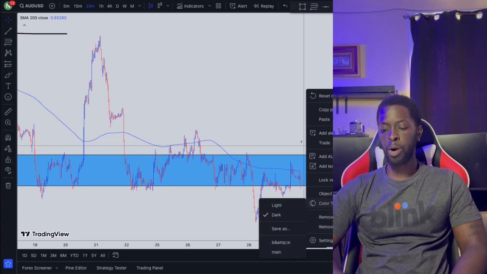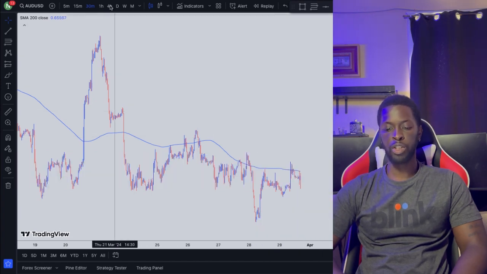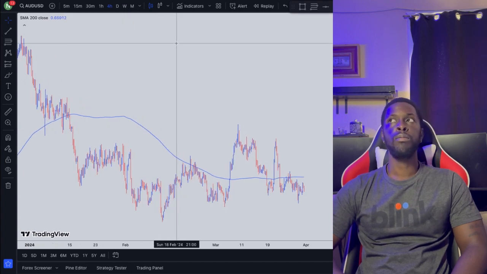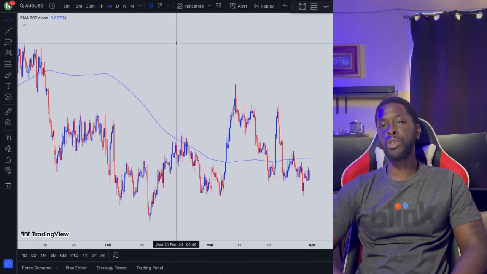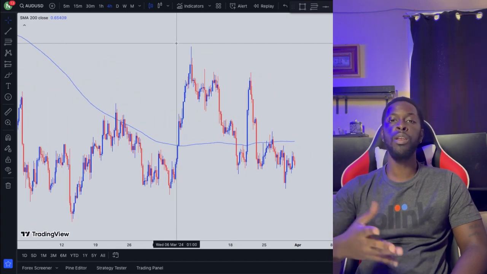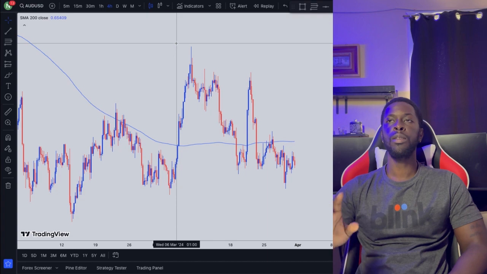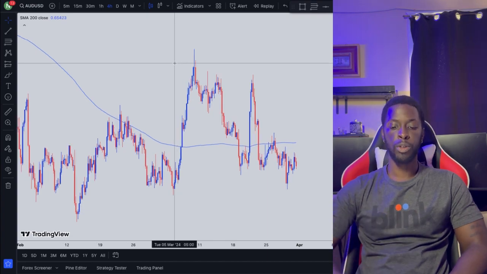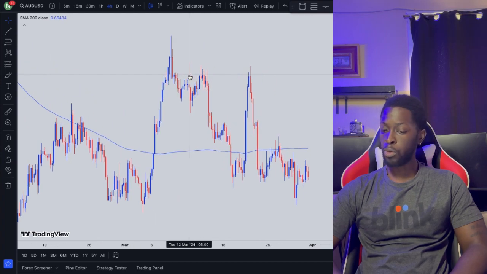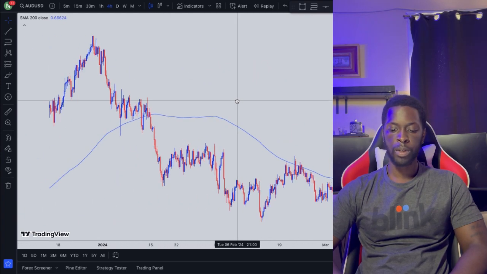Fibonacci is a part of my everyday strategy or my trading plan. Usually looking for pullbacks within the Fibonacci levels. And I'm going to show you what that means, because it can sound like gibberish if you don't know what it means.